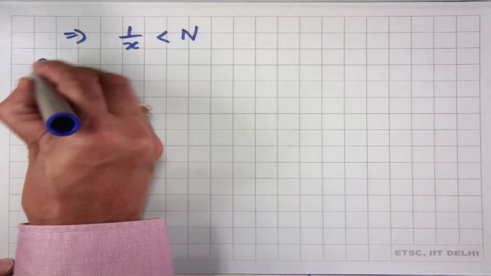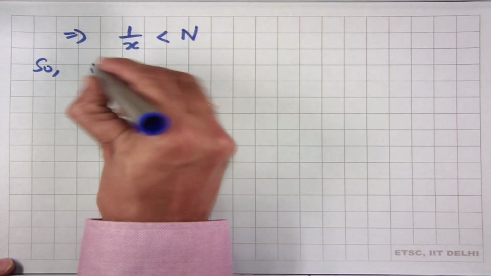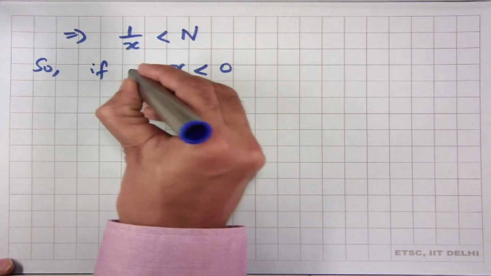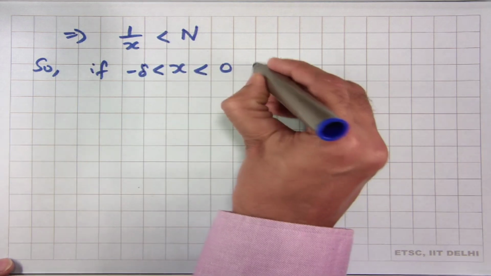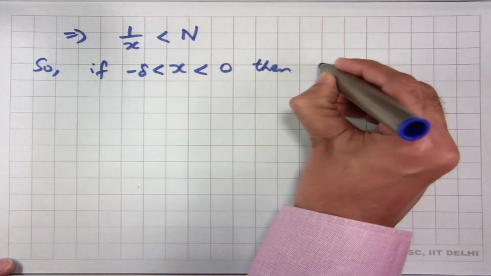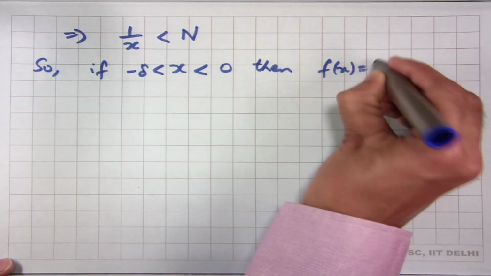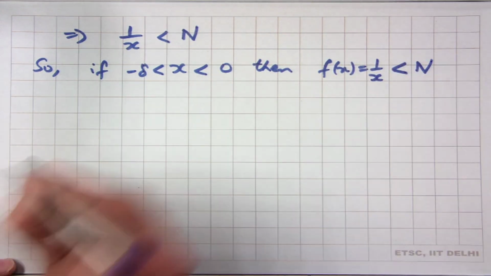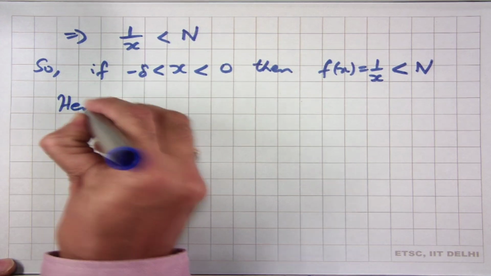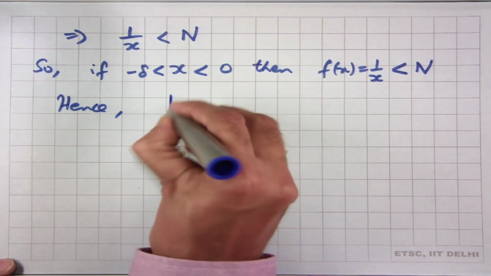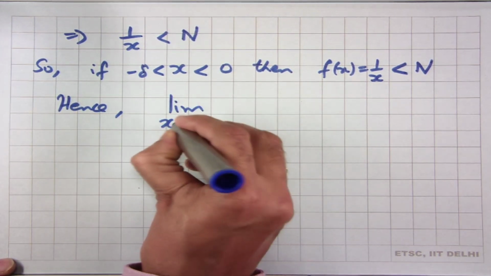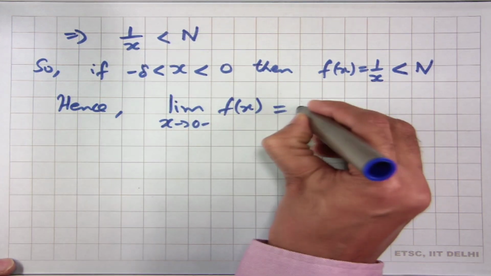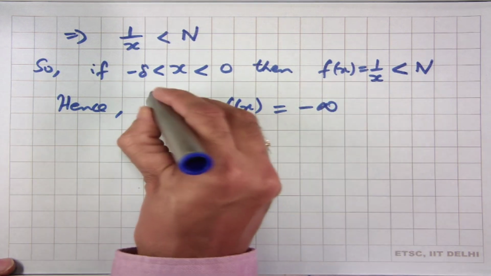So, if x is less than 0 and greater than minus delta, then f of x equal to 1 by x is less than n. Hence, the left hand limit of f of x is equal to minus infinity.